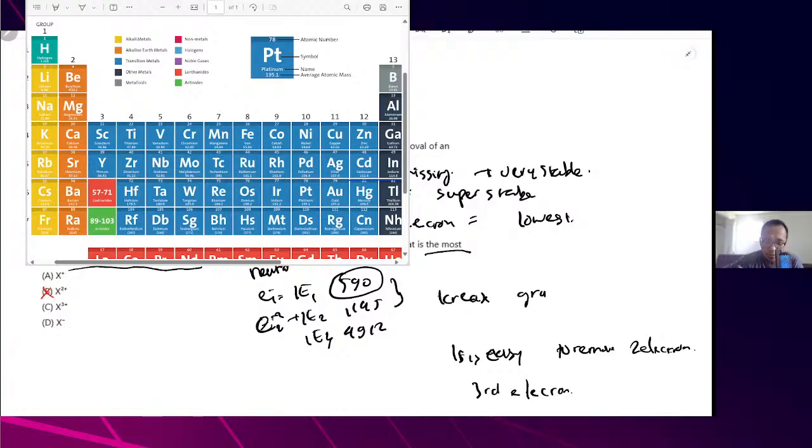It should be B, because after the second electron is removed, taking out another electron takes much more energy, which means the X2 plus is the most stable, based on the ionization energy information. So the answer is B.